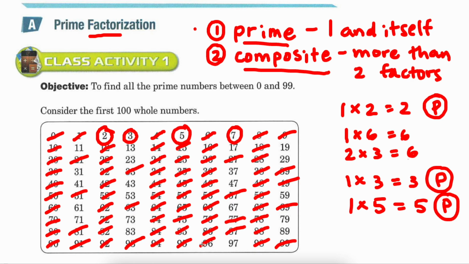Okay, so far we have 7 as well. Can't get any smaller than that with the factors.